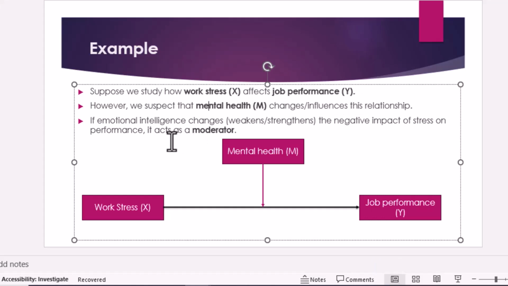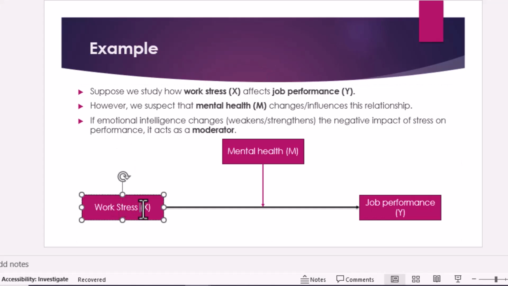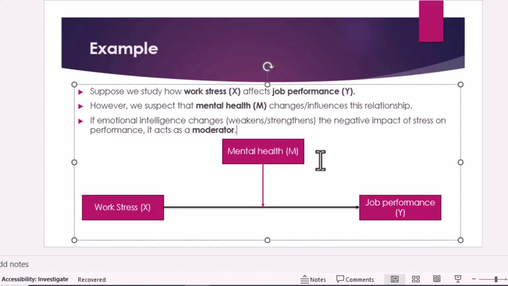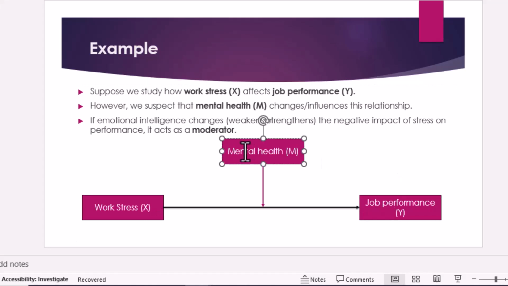We have work stress, which is our x variable, our independent variable, and it affects job performance. Definitely we know that if someone has work stress, then job performance will go down. But there is also another variable called mental health. How does it influence the relationship between work stress and job performance?